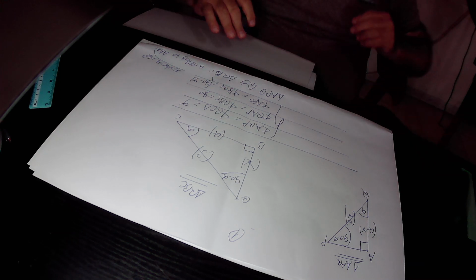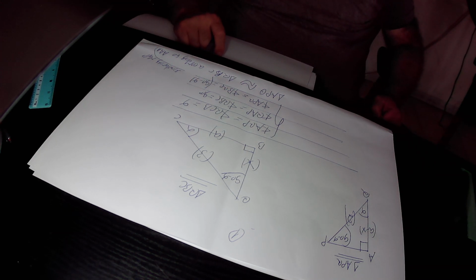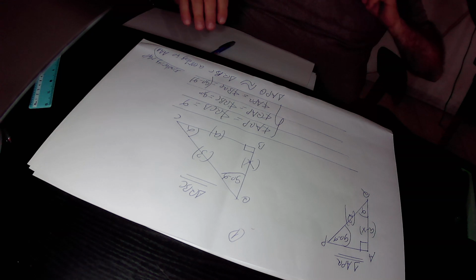And for the fact that those two right triangles are similar to each other, we derive that the following relationship exists between their sides.